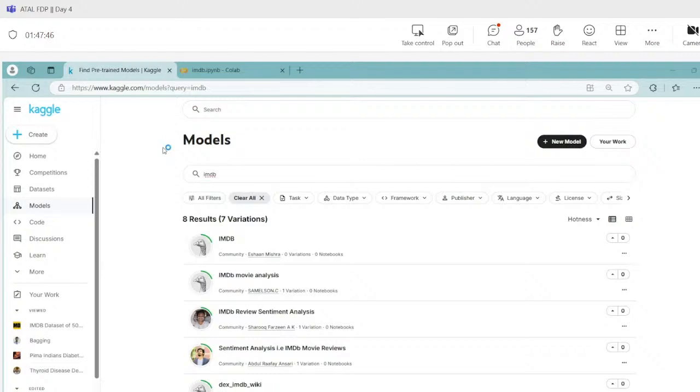Okay. Due to the very short span of time and network connectivity, this IMDb dataset I have taken for analysis has 50,000 samples. What it means? 50,000 samples. So I will open and show the dataset here.